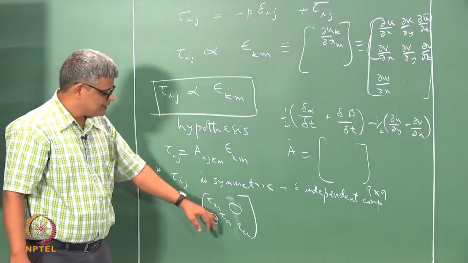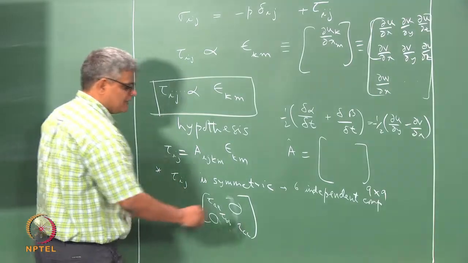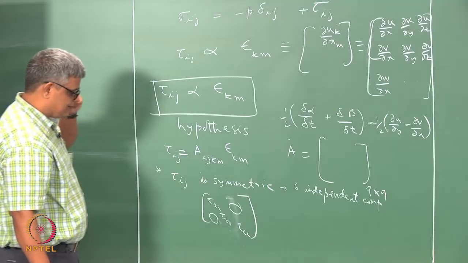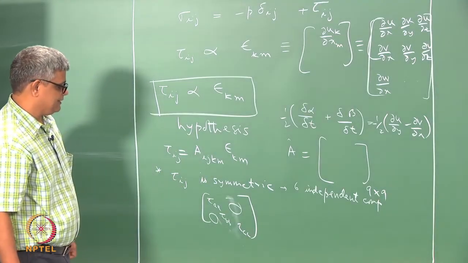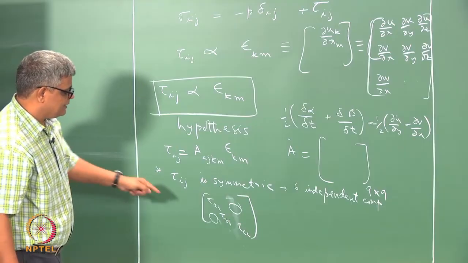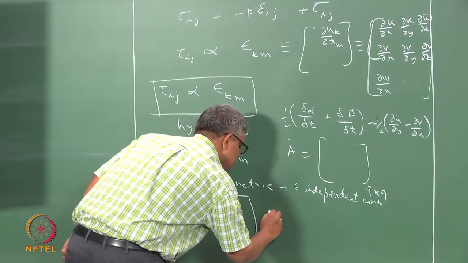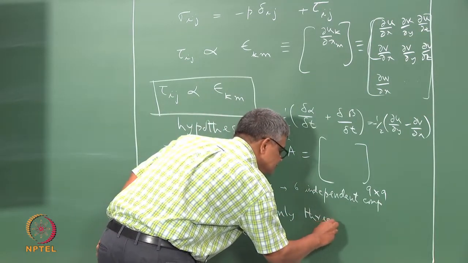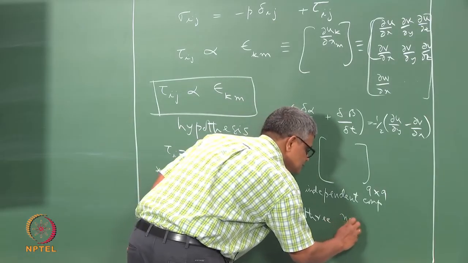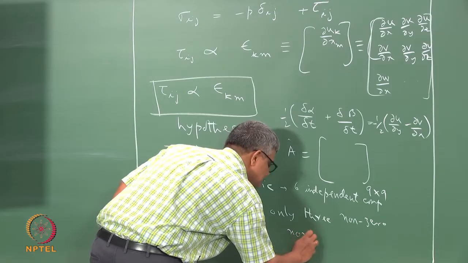So this is a special coordinate system aligned not in the ij but in the principal coordinate direction, and here we have only three non-zero normal stresses.